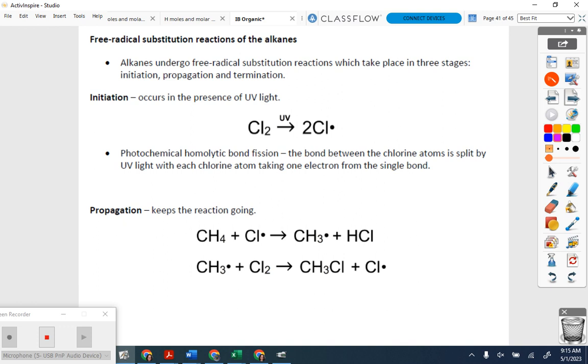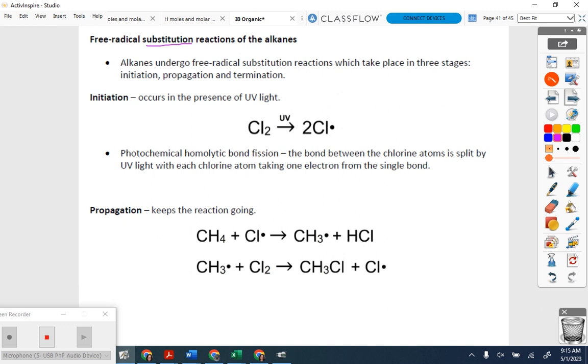And then you can also have what's called a free radical substitution. And this is a 3-step process. The substitution means like substituting one thing for another. So basically what's going to end up happening is we're substituting, in this case, a halogen for a hydrogen in your organic molecule.